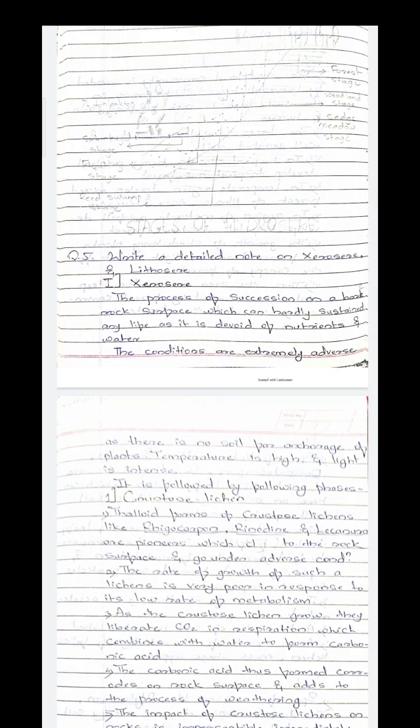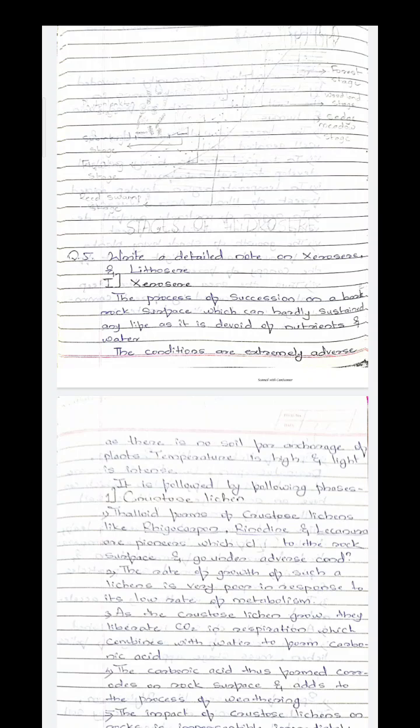The process of succession on bare rock surface, which can hardly sustain any life as it is devoid of nutrients and water. So Xerosere means the succession will start in xeric condition, on rocky surfaces.